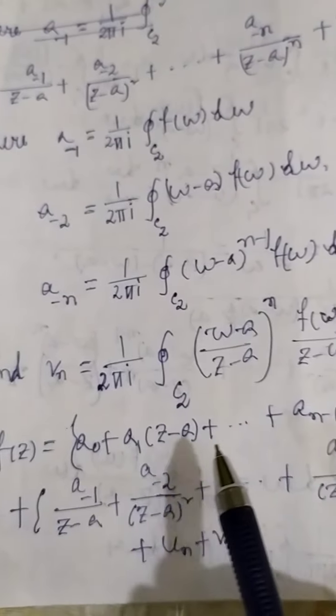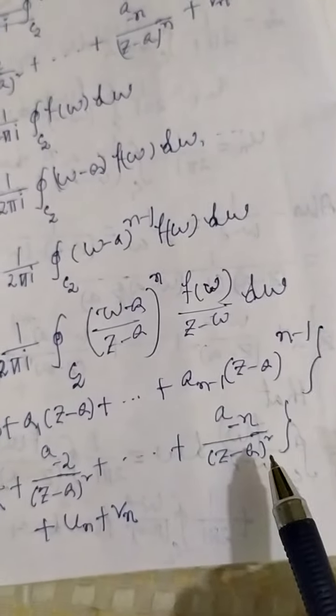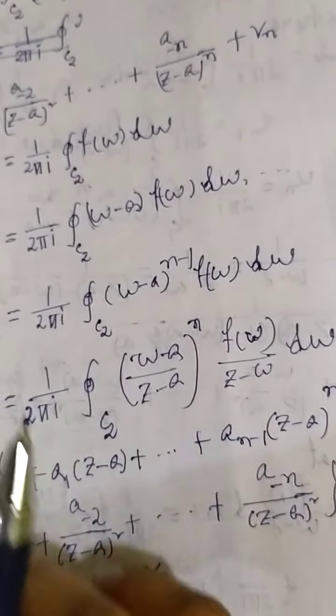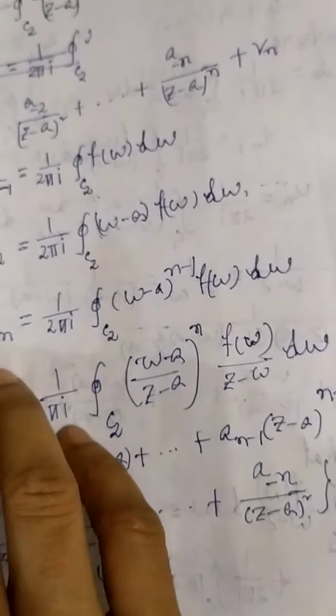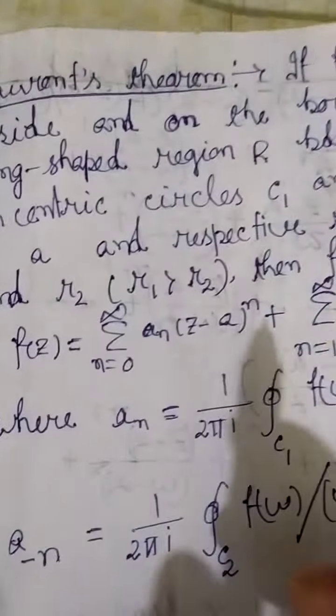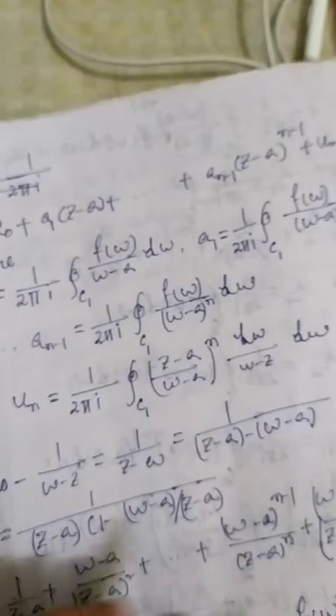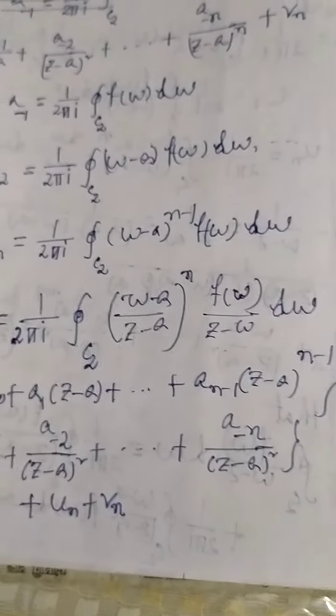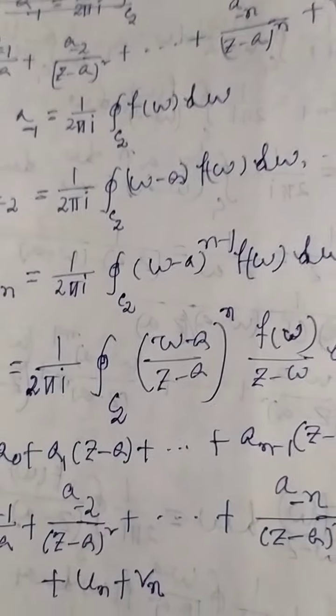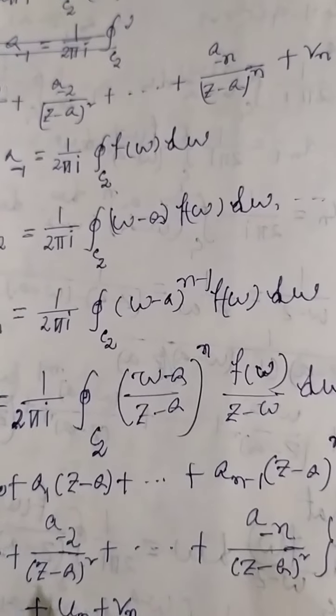So Fz can be written in this way: Un plus Vn. This is the required result except Un plus Vn. This is the Laurent series actually, with the summation sign, except Un plus Vn. So our objective is to show that Un and Vn are equal to 0. That is our intention.